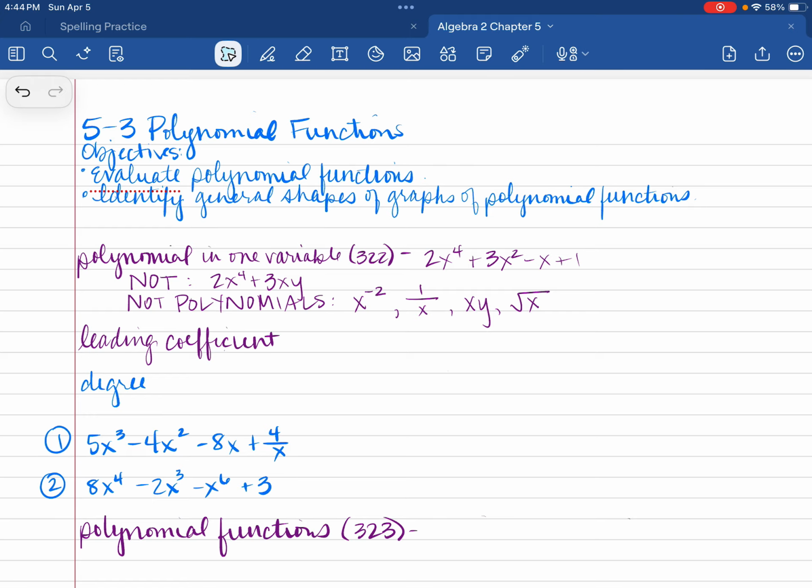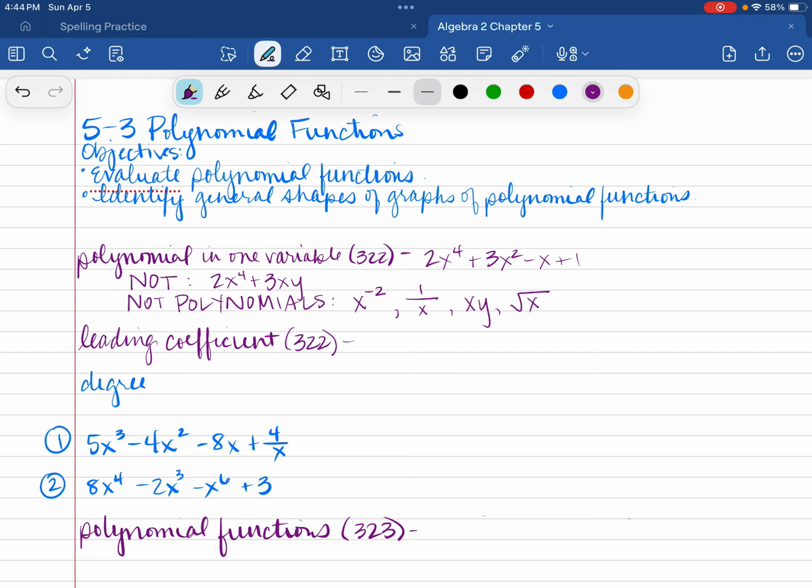If it's not on your sheet, I'm sorry, just write it down anyway. Your leading coefficient is going to be the coefficient of the term of the highest degree. So we need to be able to identify the term with the highest degree. That's the degree of the entire polynomial.